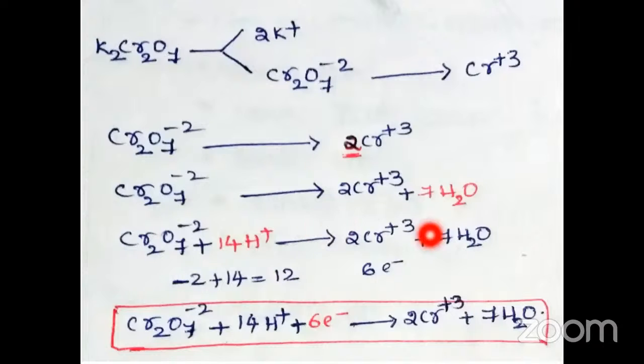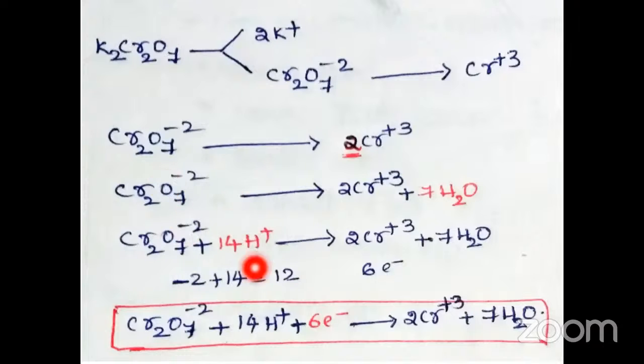In acidic medium, H+ ions are added. Here 14 hydrogens are present on this side, but on the other side no hydrogen is present, so you add 14 H+ ions.